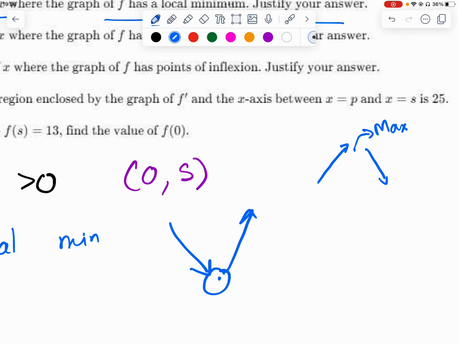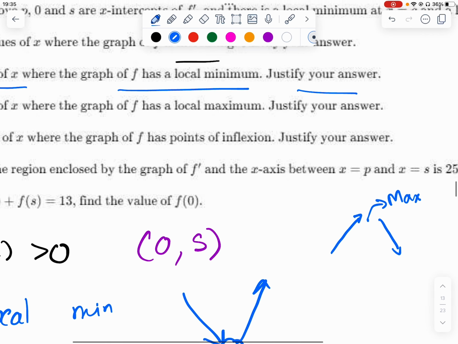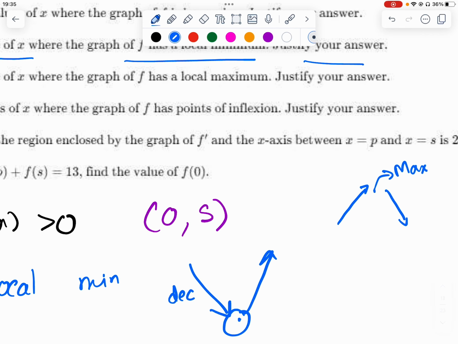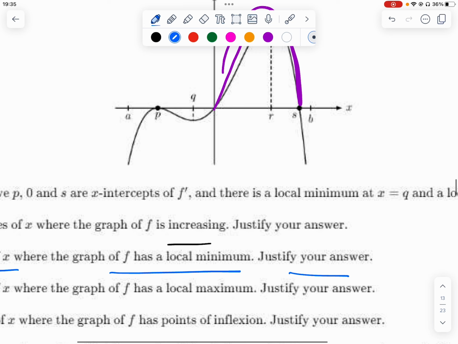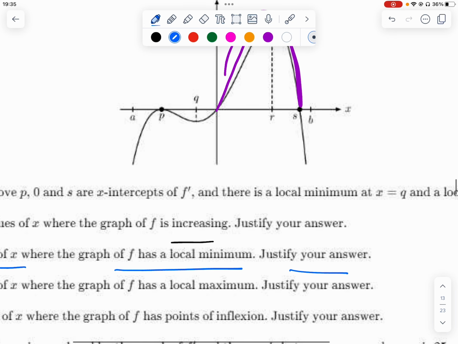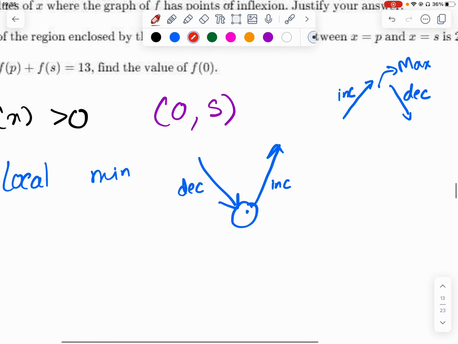Increasing to decreasing is maximum, and decreasing to increasing is minimum. I want to check it out. You can see that this one is negative, meaning decreasing, and over here it is positive, it is increasing. So therefore at x equals to 0.